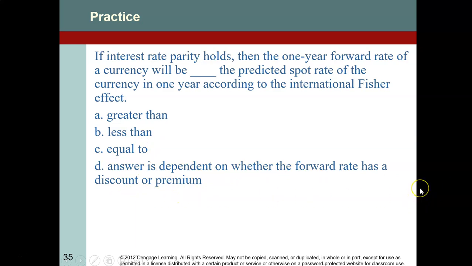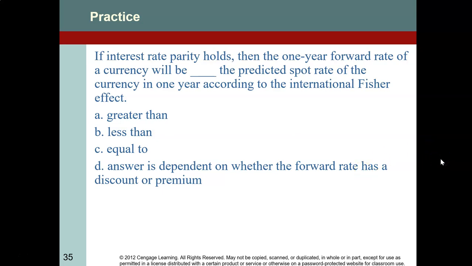Please take some time, review all the concepts, and think about this question. This question is a little bit tricky.